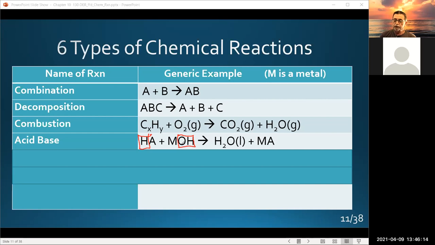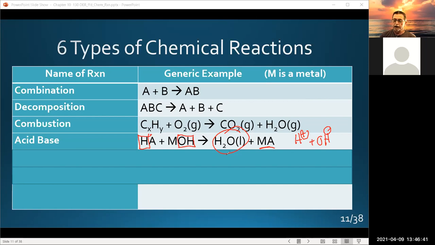The acid produces the proton, and the net reaction is the proton plus the hydroxide gives us water, and the corresponding salt, MA, whatever it may be. So you always have an acid, you have a base, and you always get water and the salt.